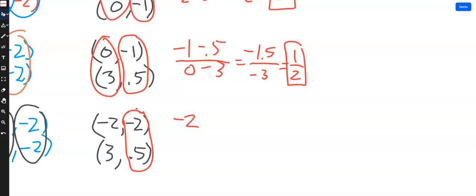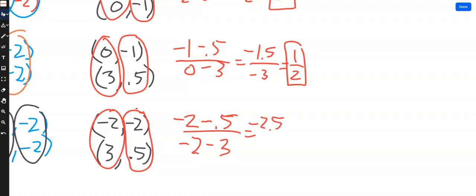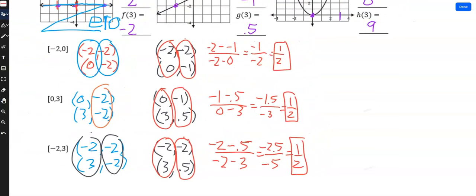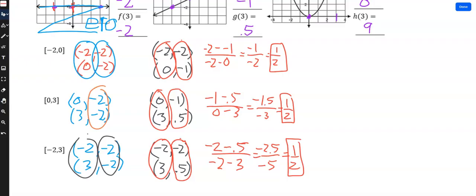So -2 minus 0.5 over -2 minus 3. So -2.5 over -5. Oh my goodness, look at that, 1/2 again. All right, now these two situations that always came up, the first one always came out being 0 when we did this before. We got a 0 for this one, and a 0 for that one, and a 0 for that one, and then these all ended up being a half. Those are both telling me we're dealing with linear functions.